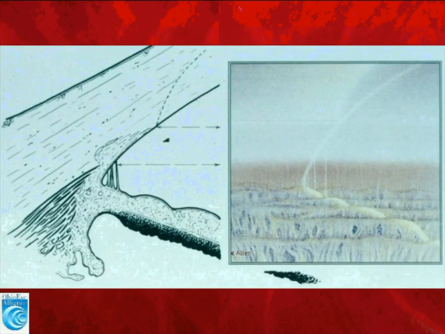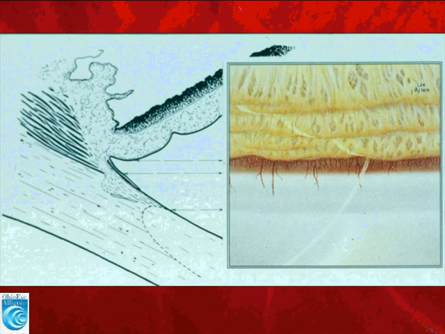In this case, we see a number of iris processes extending from the iris to the scleral spur and trabecular meshwork. In this case, we see some pigmented iris processes. Again, these are not pathologic. They are fairly regular and uniform.